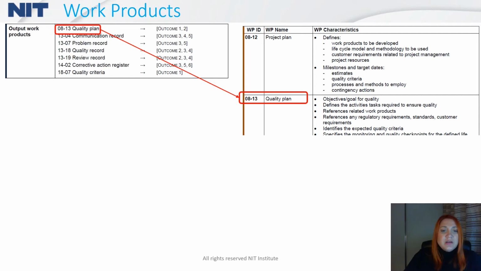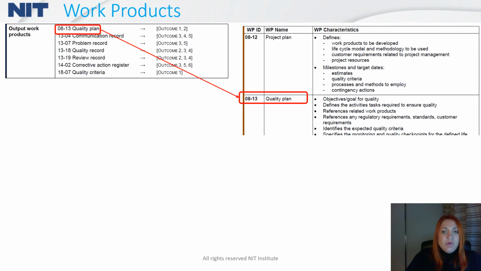These work product characteristics can be used as help while you're developing a quality plan. But this is a very specific plan, the quality plan, and you can see that it is marked with an ID like 0813.